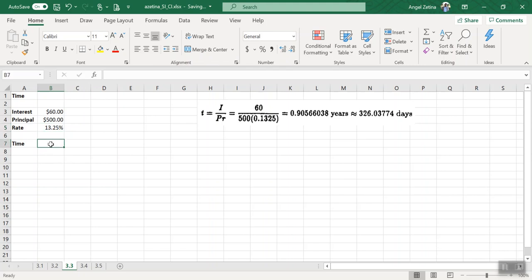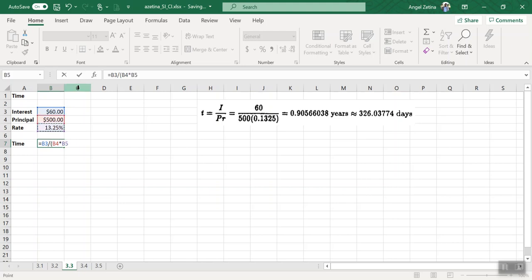Now we can calculate the time, so this will equal the interest divided by, open parenthesis, the 500 times the rate, close parenthesis.